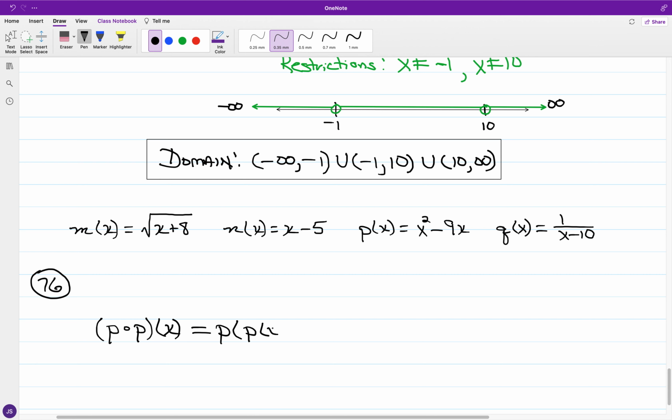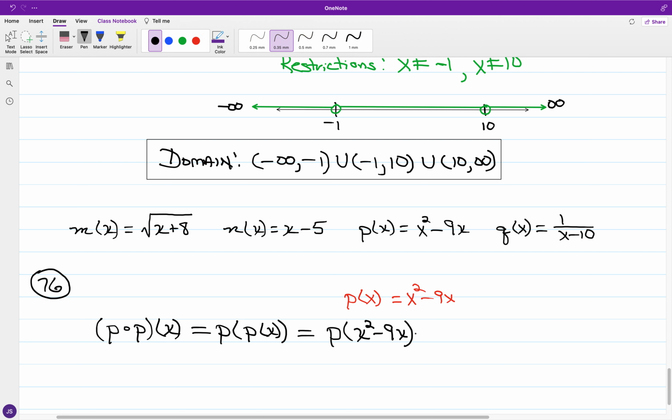Now for this part, this is arguably more an exercise for the eyes than anything else. For P of x, the input is P of x, which is x squared minus 9x, and the output is also in reference to P, where P of the input is equal to the square of the input minus 9x.